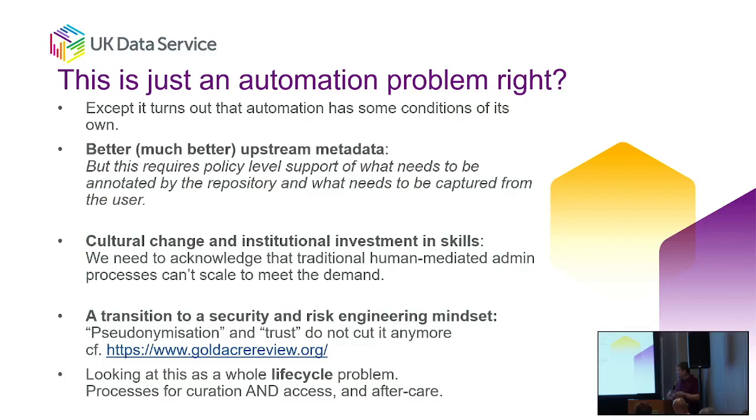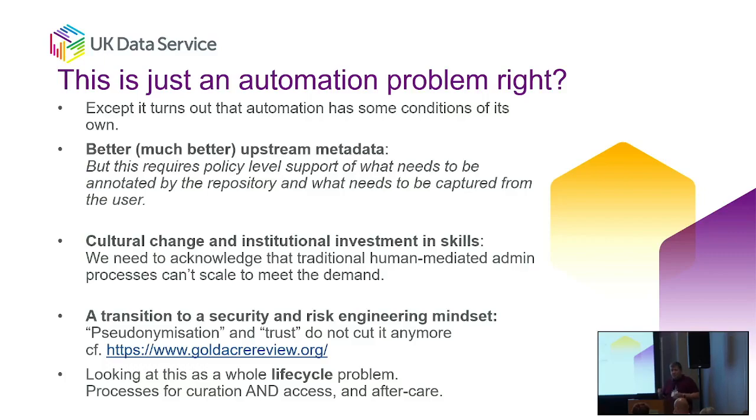We need to look at this as a whole life cycle problem. When we talk about sensitive data, it's not just a curation issue or annotating data. It's right from the creation of the data by the data owner. They need to understand how sensitive their data is. As it goes through the curation pipeline, we need to annotate that with richer metadata. We need to understand how we grant access to the data.